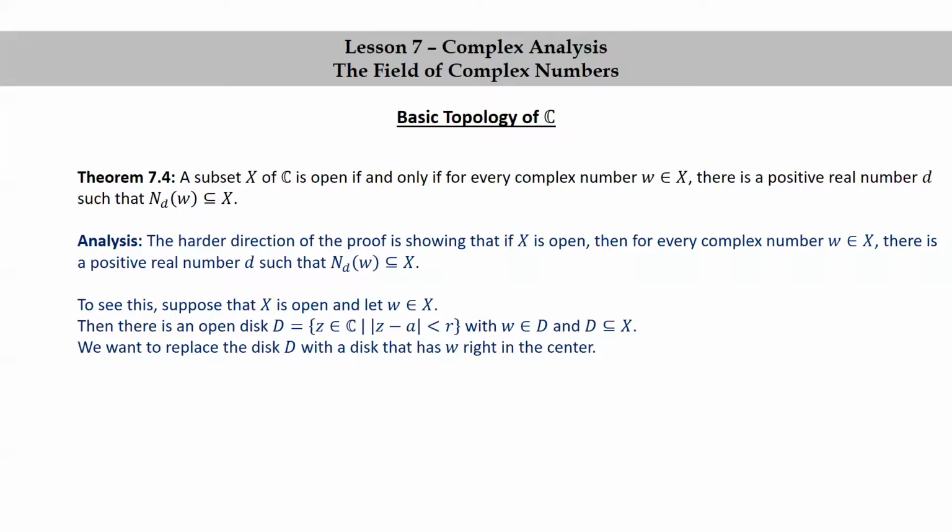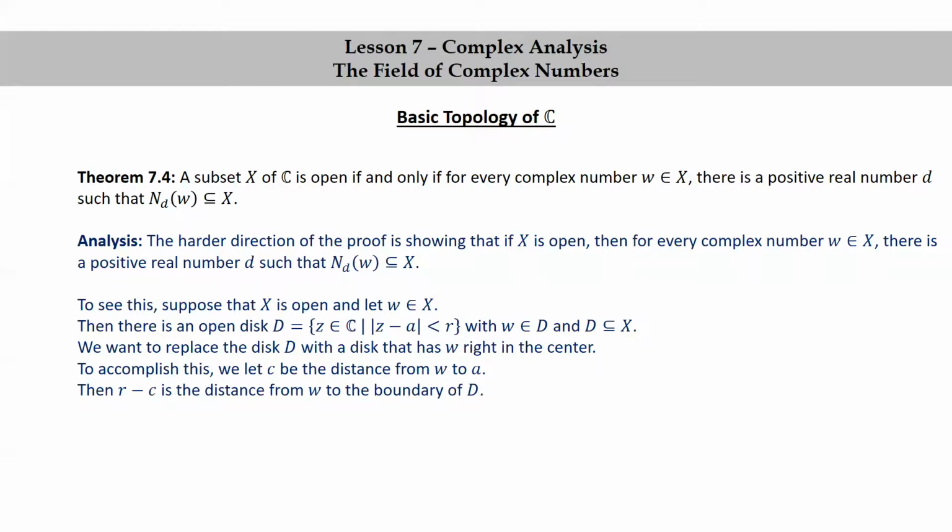We want to replace the disk with a disk that has W right in the center. To accomplish this, we let C be the distance from W to A. Then R minus C is the distance from W to the boundary of D.